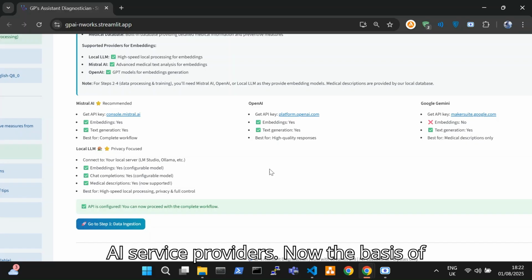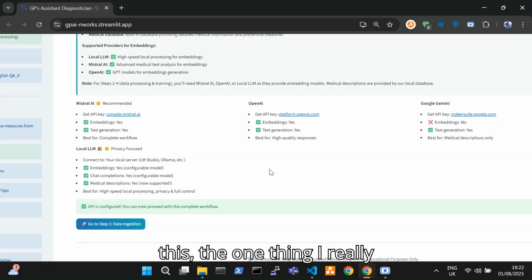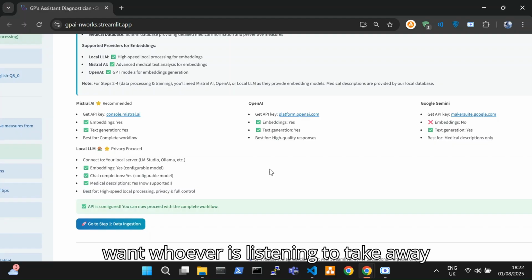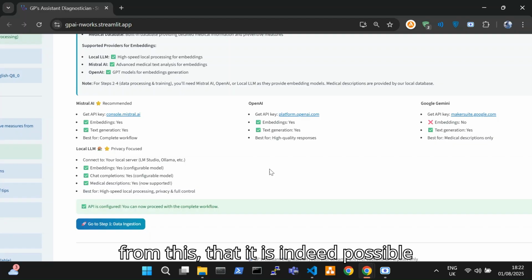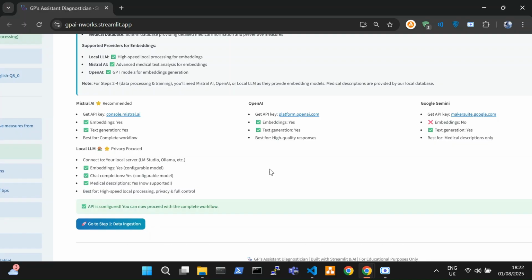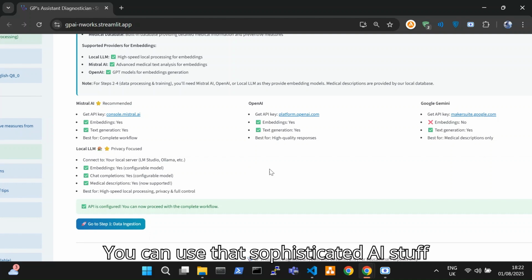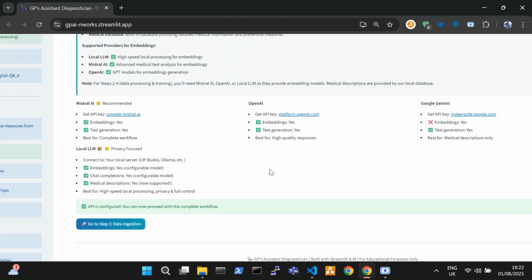Now, the one thing I really want whoever is listening to take away from this is that it is indeed possible to bridge the gap between regressors and traditional algorithmic machine learning models and sophisticated AI stuff. You can use that sophisticated AI as a preprocessor to your predictor.